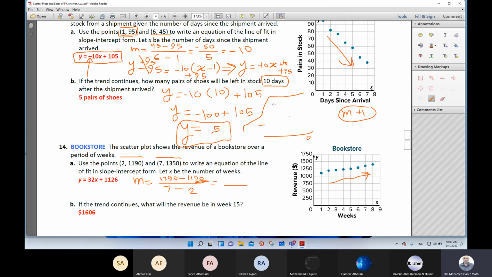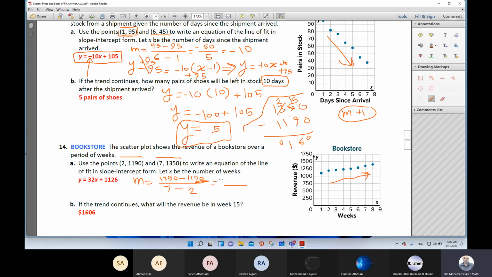So we have 1,350 and 1,190. So 0 minus 0, 0. Then 5 minus 9, you cannot do this operation. Borrow 1 from here, here will be 2, here 15. 15 minus 9, 6. Then 2 minus 1, 1. 1 minus 1, 0.